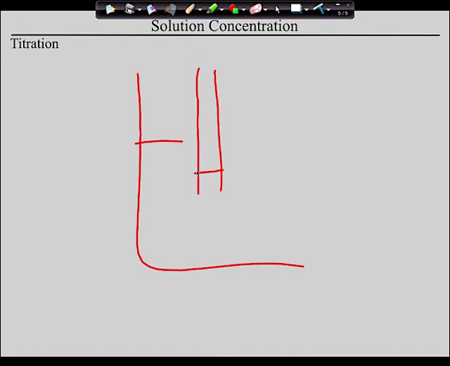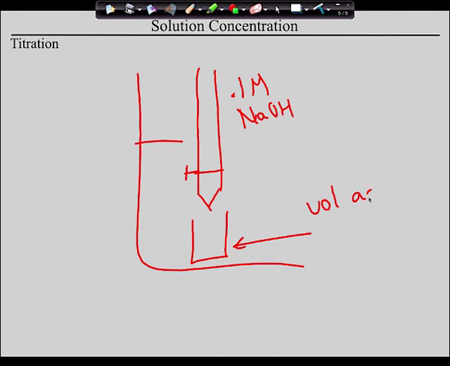You had a burette and you had a beaker, and in the burette you had a base which you knew the concentration of. You had a volume of an acid that you did not know the concentration of, so you were trying to figure out the molarity of the acid by titrating.